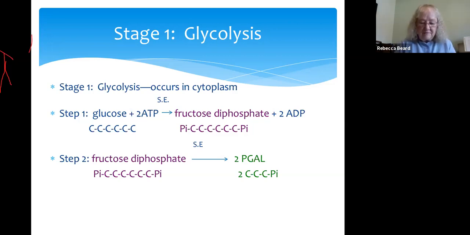All right, so the first step of this glycolysis reaction then is going to give us, we still have our 6 carbons here. So this is called fructose diphosphate. There's a phosphate here and a phosphate here. And remember, fructose and glucose have the same formula.